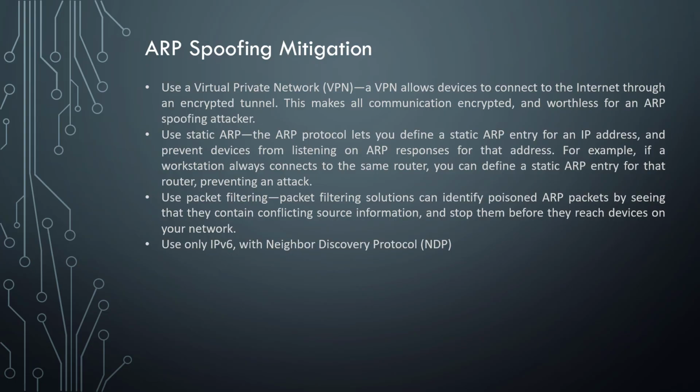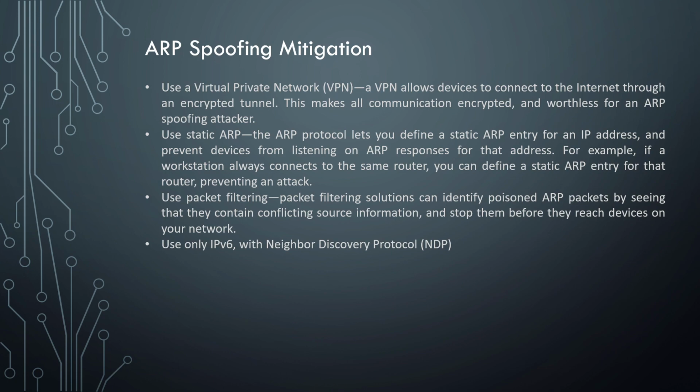Another thing is we can use packet filtering software like DLP software in the system, so that it can filter all the request and response packets to check for anomalies or any conflicting source or destination information, and then avoid the snooping.